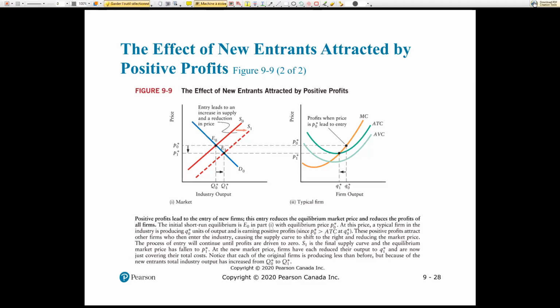Which one, like, a new firm enters the market? Which graph? Well, this is from the perspective of a typical firm, and this is from the perspective of the market. So here, Q1 is greater than Q0 because new firms enter.